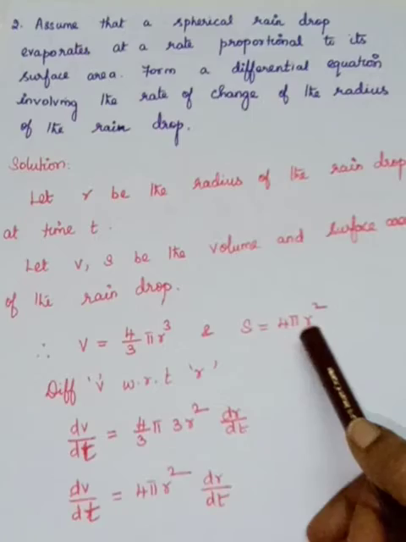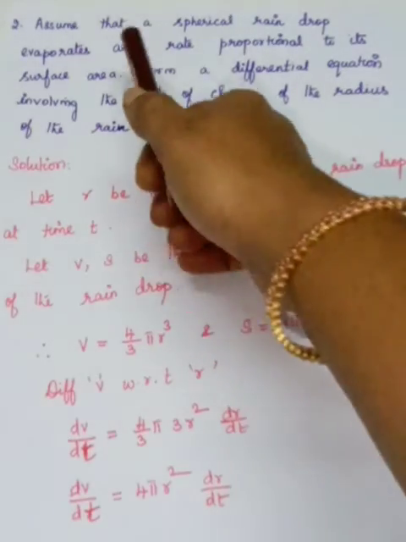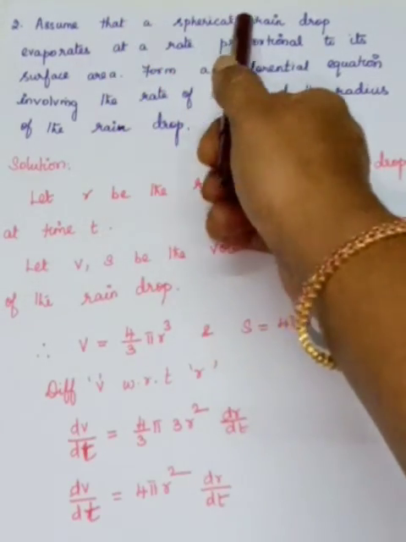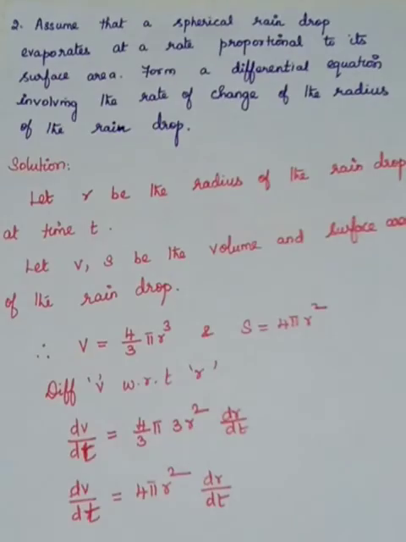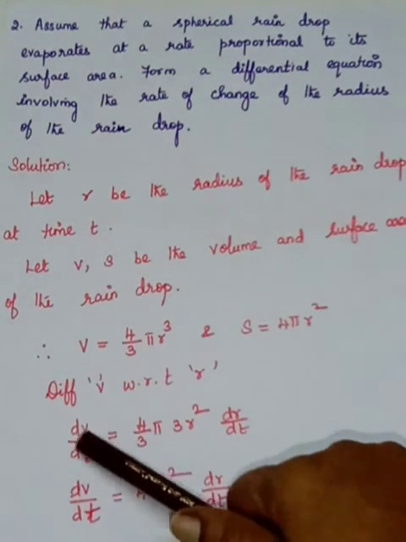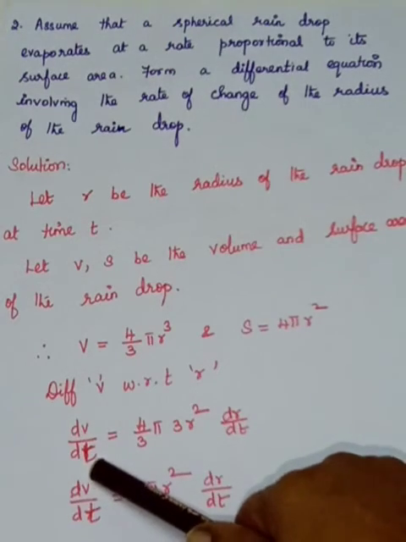Okay, so you see now, assume that a spherical raindrop evaporates at a rate. So therefore when the spherical raindrop evaporates the volume is reduced, so we have to find the rate of change of volume with respect to t.